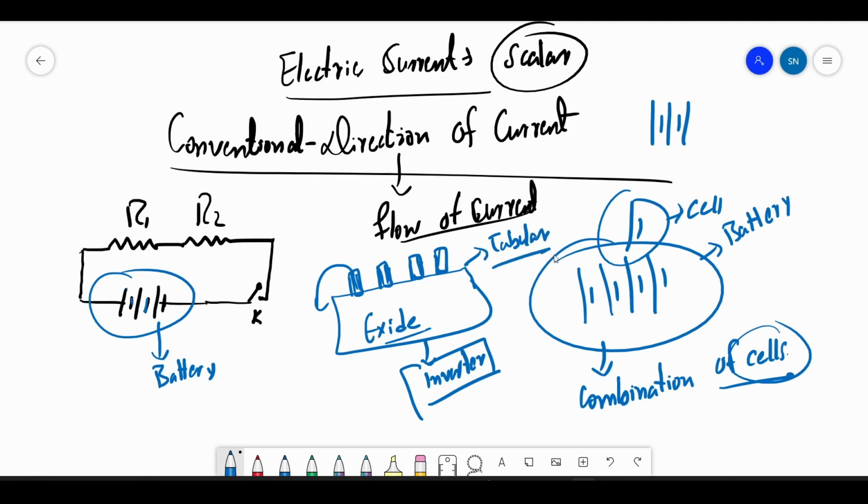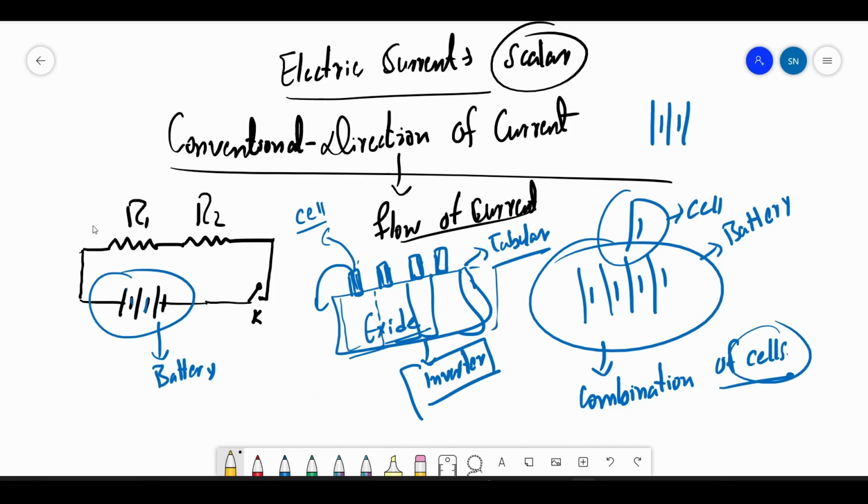Each of those tubes represents a cell. That's a compartment inside. That's one cell, two cells, three cells, four cells, and so on, and it forms a battery. Is it clear?